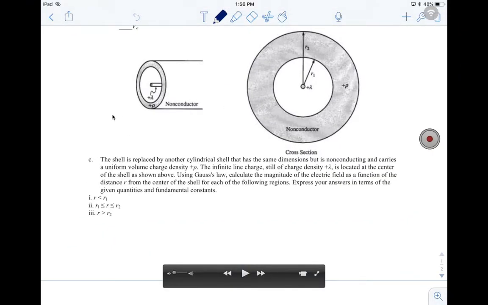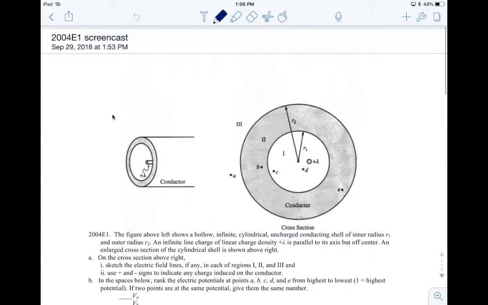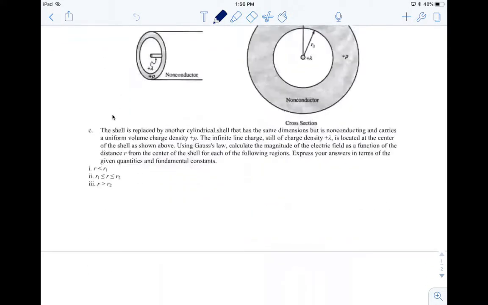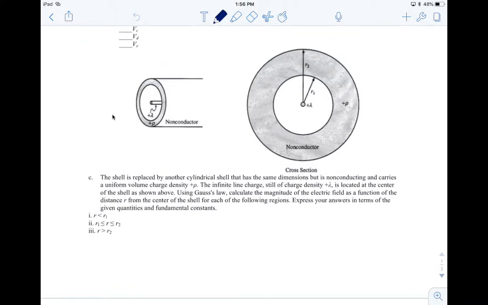Okay, so we're going to do part C of 2004 E1. It's a cylinder problem. So we have a non-conducting shell with uniform density rho surrounding another cylinder with uniform charge density lambda.